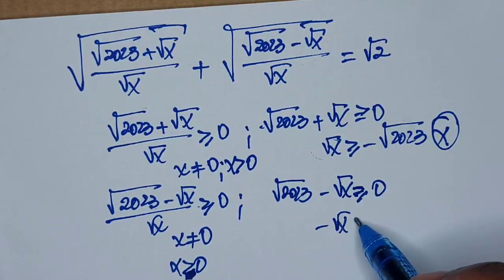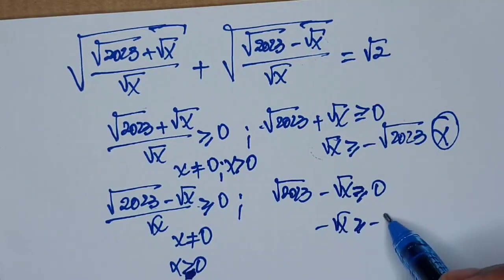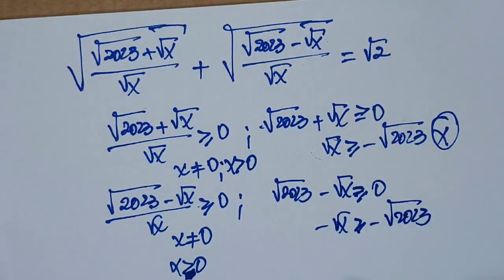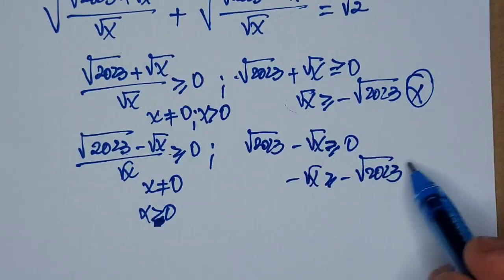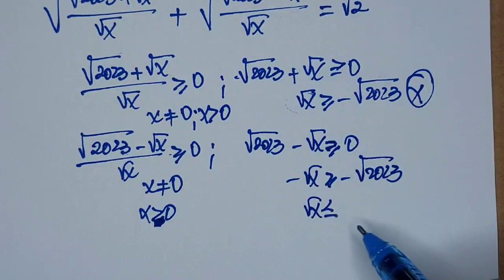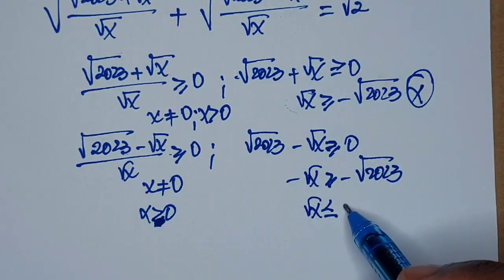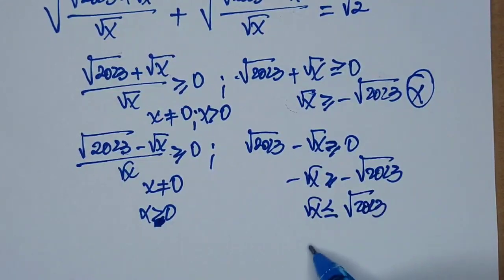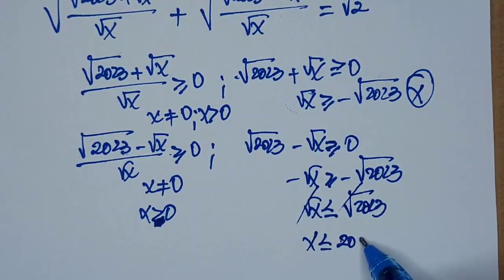Minus square root of x is greater than or equal to minus square root of 23. So if you multiply both sides by -1, you'll have square root of x less than or equal to square root of 23. So you cancel this and you have this as the answer, okay, 23.